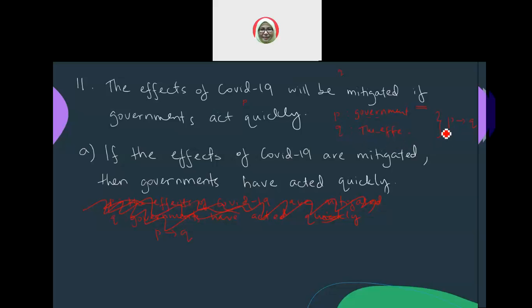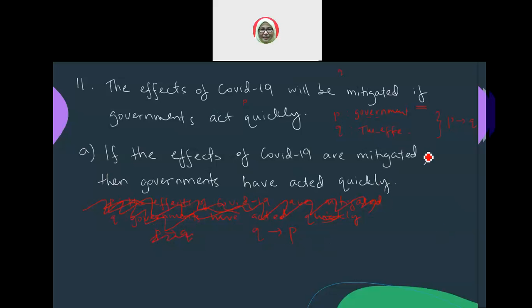So the given statement in symbolic form is P implies Q. But statement A is: if the effects of COVID-19 are mitigated, then governments act quickly. So can you see this statement? If Q, then P. So statement A in symbolic form is Q implies P.